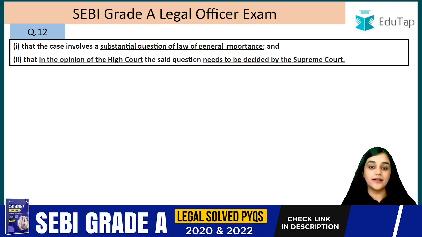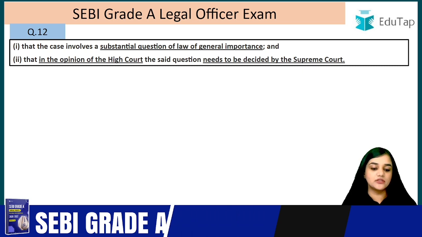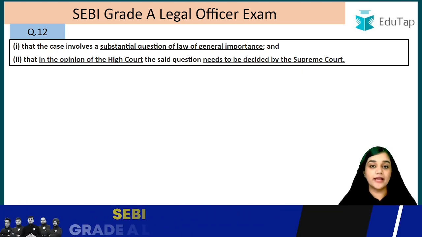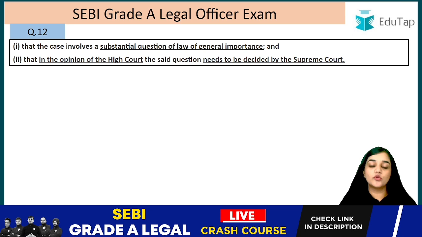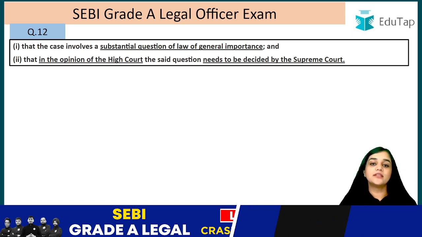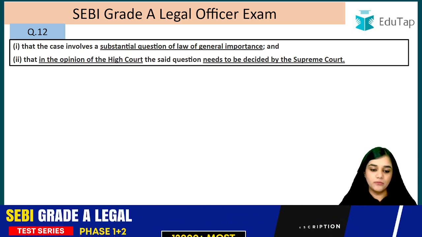Both these conditions have to be fulfilled. The second one is that in the opinion of the High Court, the said question needs to be decided by the Supreme Court. So the High Court is of the view that the Supreme Court should decide such question. In that case, the appeal can lie before the Supreme Court, right?